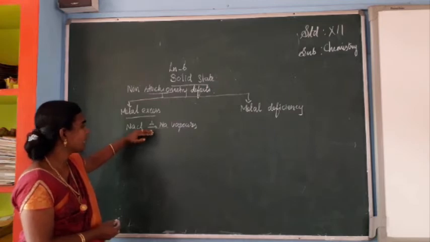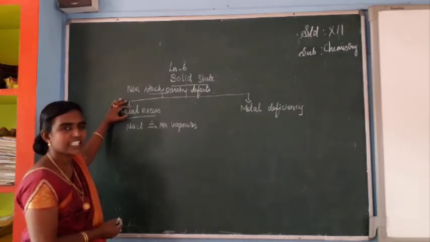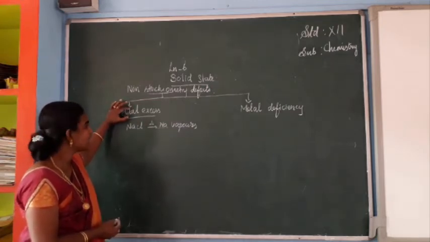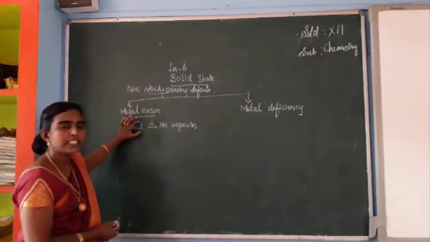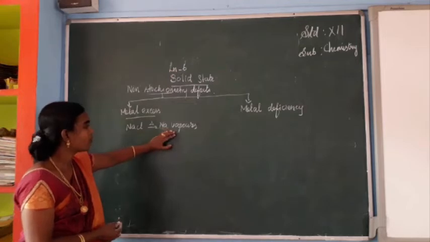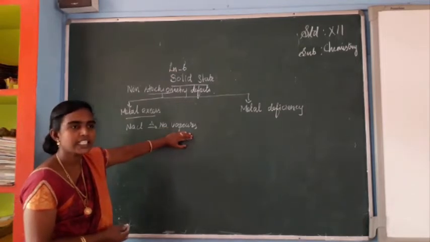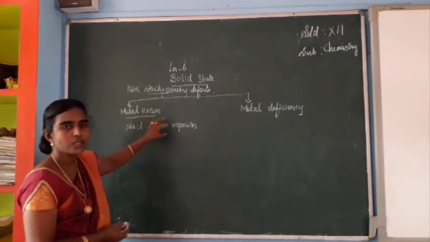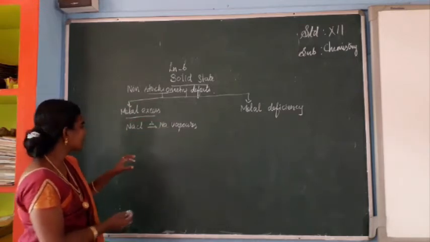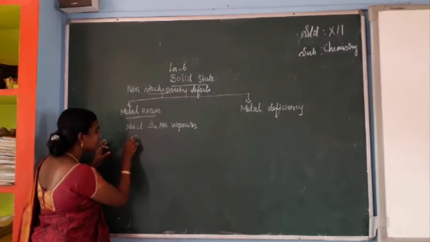The reason behind this is the metal excess defect. In a metal excess defect, the number of metal ions in the crystal lattice increases, because we are heating the sodium chloride with sodium vapors. I will show this using a diagram.